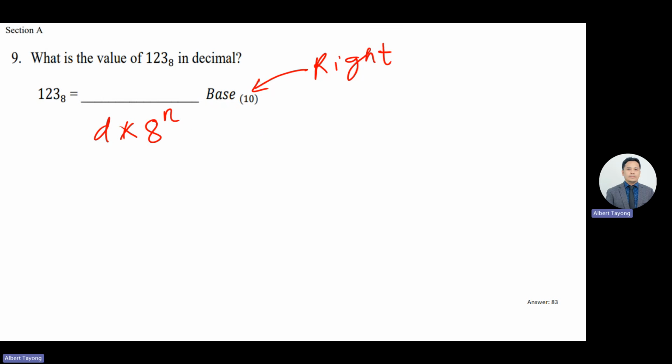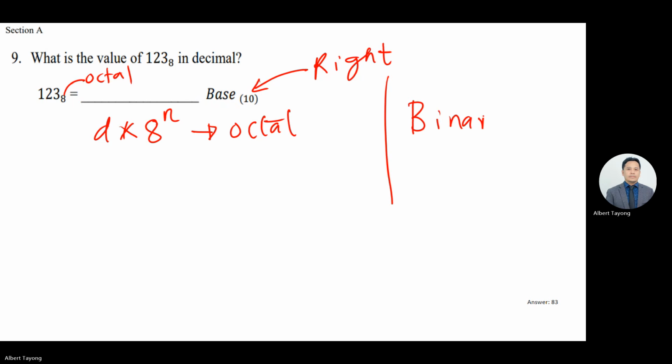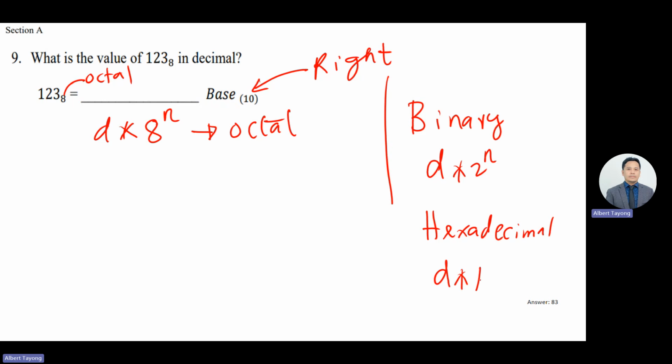Okay, this is for octal, because here we have an octal number. Of course, for binary, you will use D times 2 raised to the power of n. For hexadecimal, you're going to use D times 16 raised to the power of n.